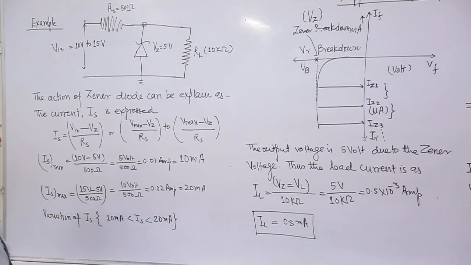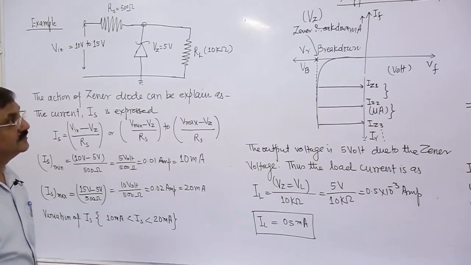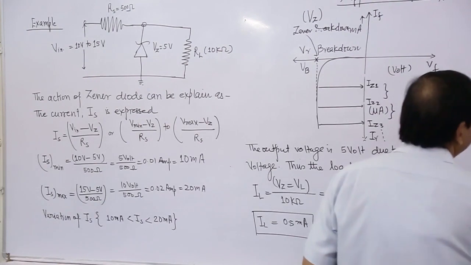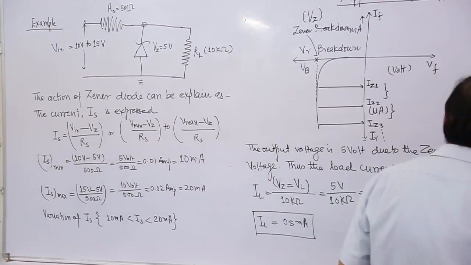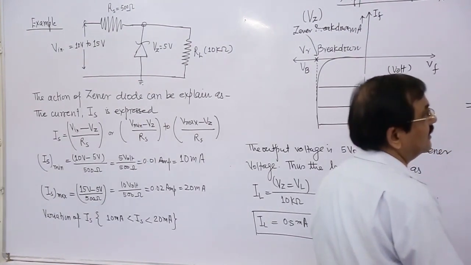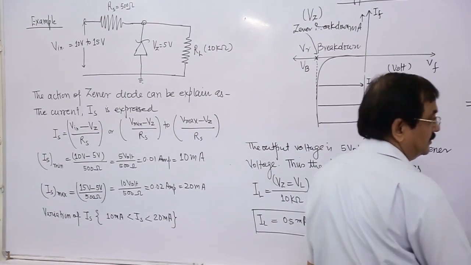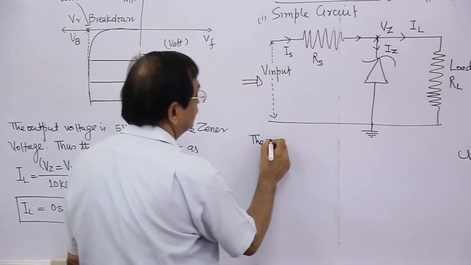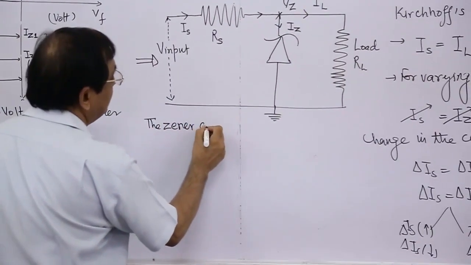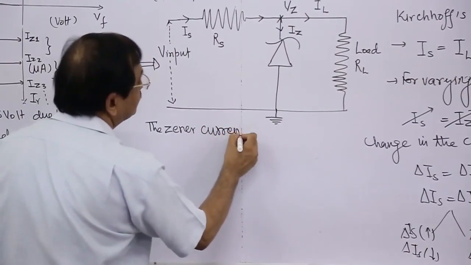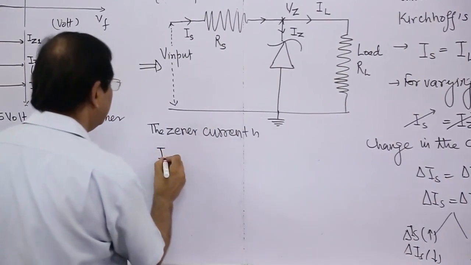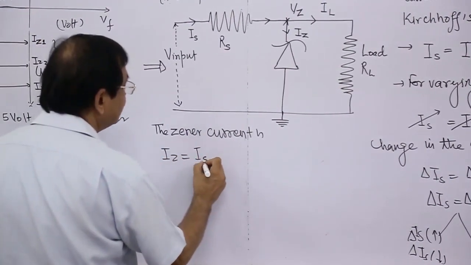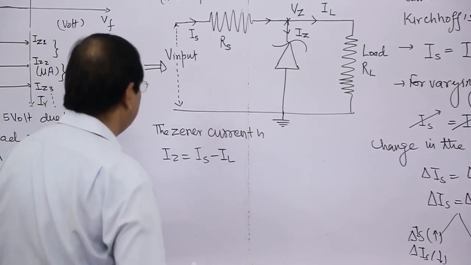So, the remaining part, the Zener current IZ, is equal to IS minus IL.